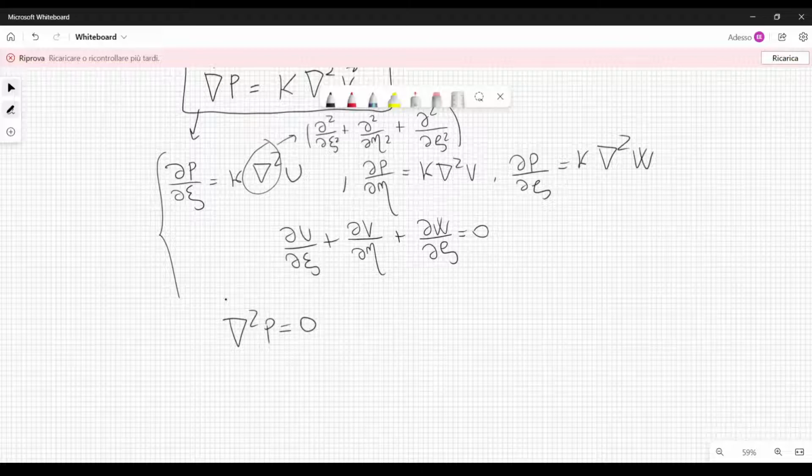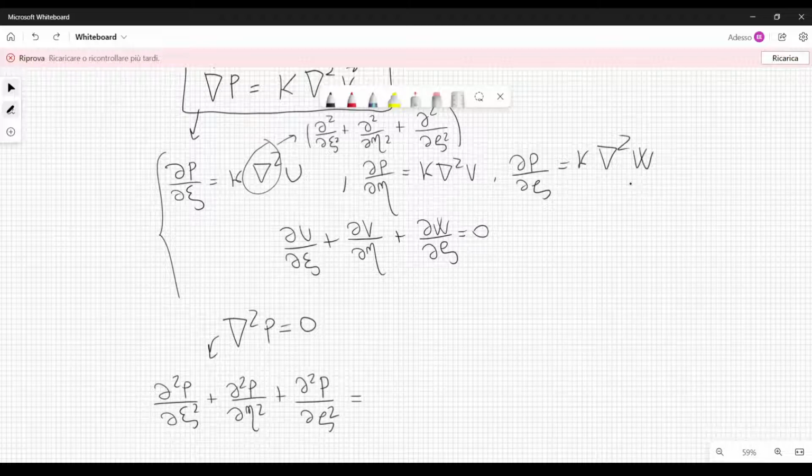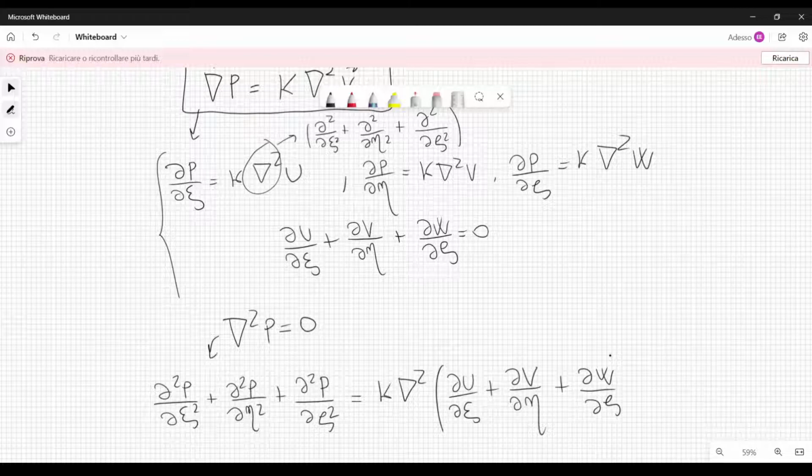Well, it's simple, because the Laplacian of the pressure is d squared p/dxi squared plus d squared p/d eta squared plus d squared p/d zeta squared, which is equal to, if we use this set of equations here, k del squared of du/dxi plus dv/d eta plus dw/d zeta. But this is 0, and therefore we have found that this is actually 0.